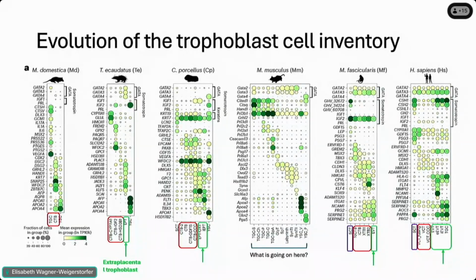And you see them also in primates, also in humans. This is too complicated for me. At least I cannot talk about it here in a comprehensive way. But the main thing is that extraplacental trophoblasts arise with eutherians.